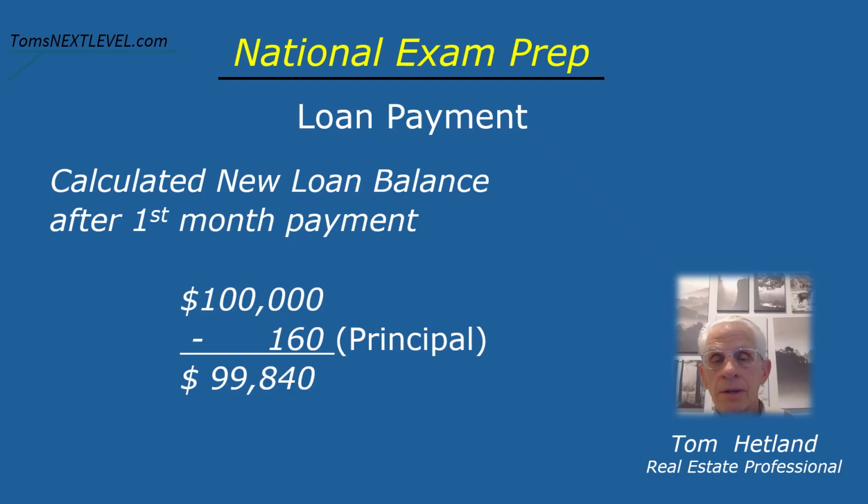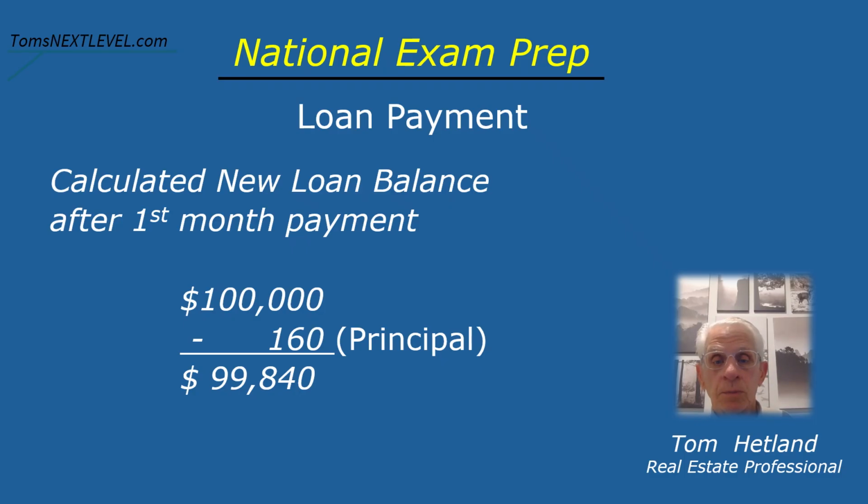Here's an important concept to understand after that first monthly payment is made. Since $160 of that first monthly payment was applied to pay down the principal amount on the loan, which was $100,000, after that first month payment is made, the new principal balance is reduced by that $160.